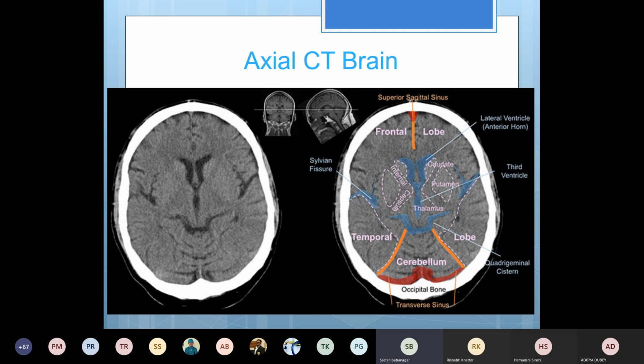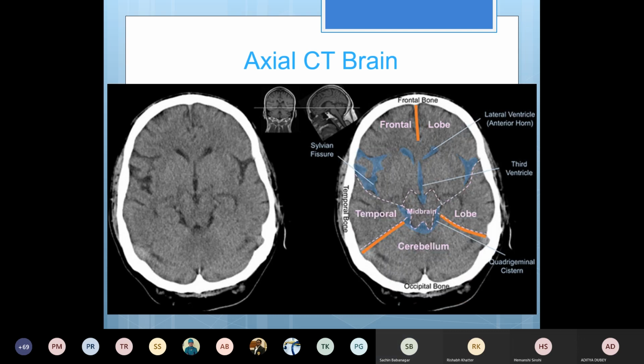And here you can see the thalamus, right side, left side, and a part of the midbrain starts to be visible. In the posterior area, this is called the cerebellum, and on either side you have the temporal lobes. As you can see here, we've started seeing the Sylvian fissure separating the frontal lobe and the temporal lobe more clearly.